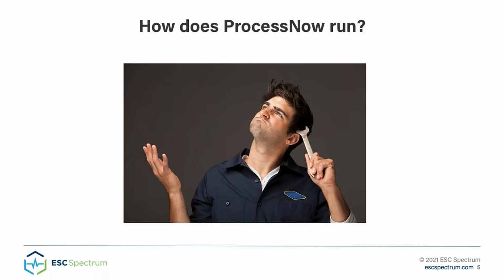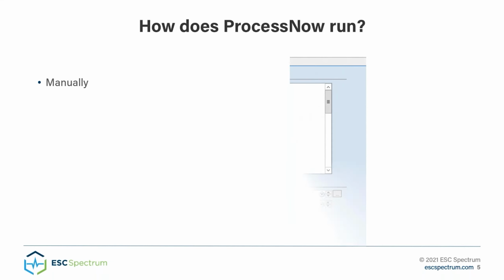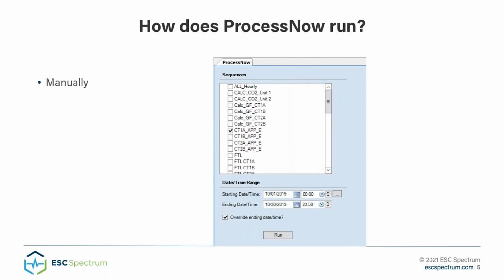So how does ProcessNow run? There are two ways that ProcessNow can be run. The first is manually, where in StackVision you go to Tools and then ProcessNow and manually pick the sequence you want to run for any needed time frame.